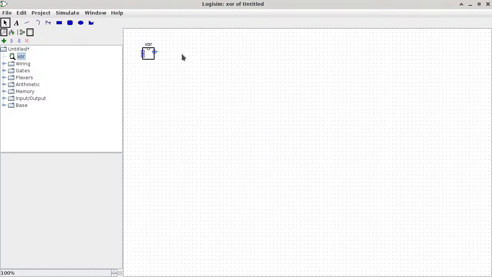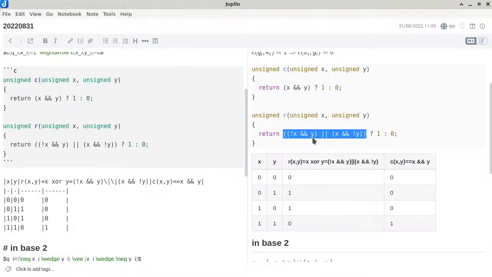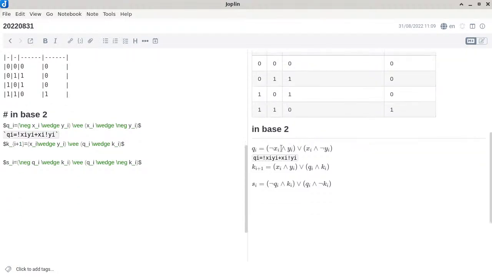All right. So it's going to be helpful because now we don't need to slap a gigantic complexity of circuit all around the entire design. So what do we need to do next? We're going to go back to Joplin, and I hope you guys can see this. Do you see how Q_i and S_i are structurally the same, even though they're utilizing different inputs?